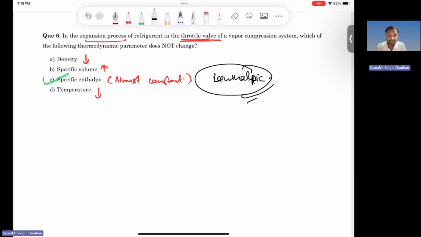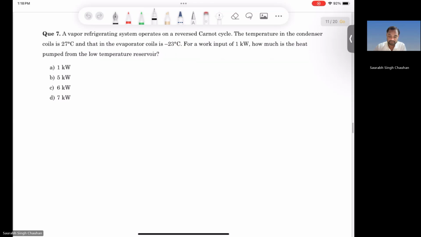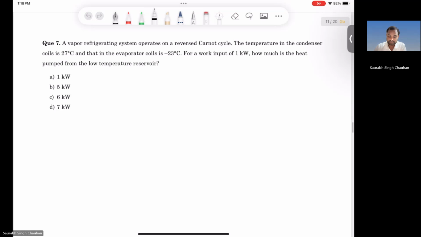Now we will move to question number 7. Question number 7 says: a vapor refrigerating system operates on a reversed Carnot cycle. Carnot cycle you have studied in power cycles.